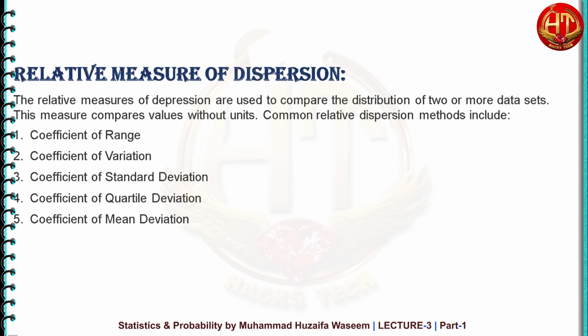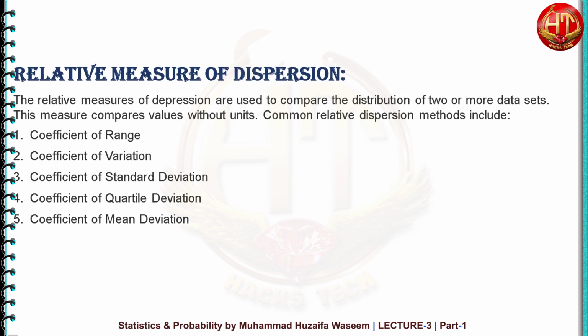Relative measure of dispersion. Relative measures of dispersion are used to compare the distribution of two or more data sets. This measure compares values without units. It means that when you have to compare two data sets, then you have to calculate the coefficients of dispersion.